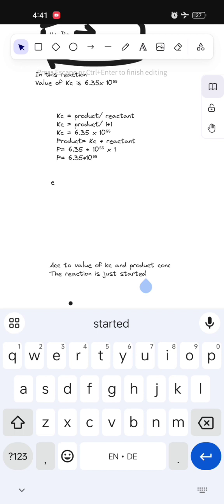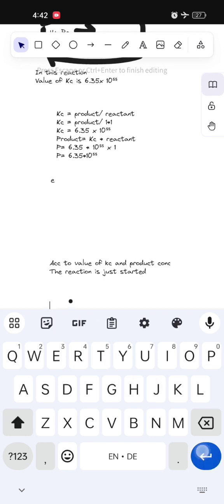Why was the Kc value small? Because the reaction has not really started, we can say it has just started and is mostly incomplete. It is not complete. If the value of Kc is large, this shows that the reaction is mostly completed, almost completed, and if the value of Kc is small, this indicates the reaction is not completed, it has just started.